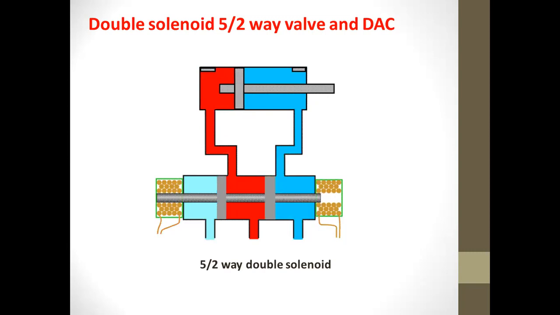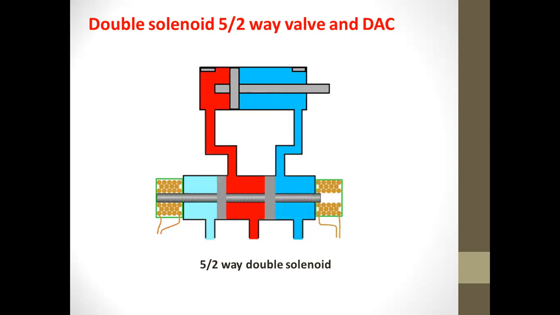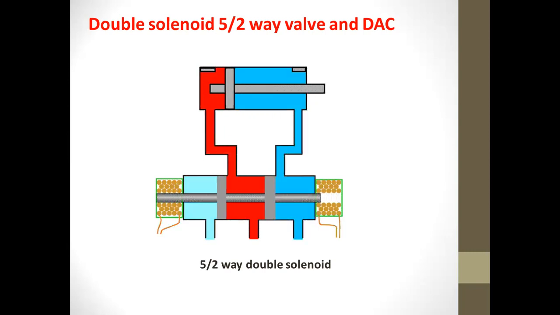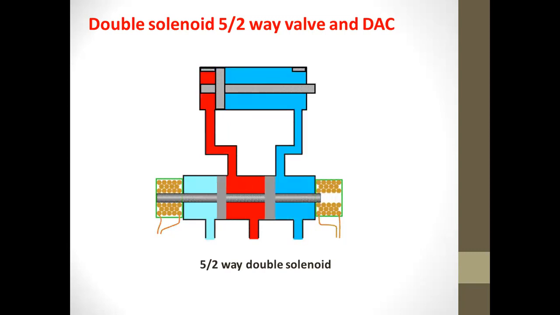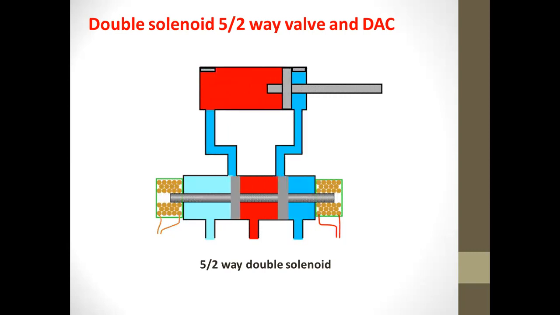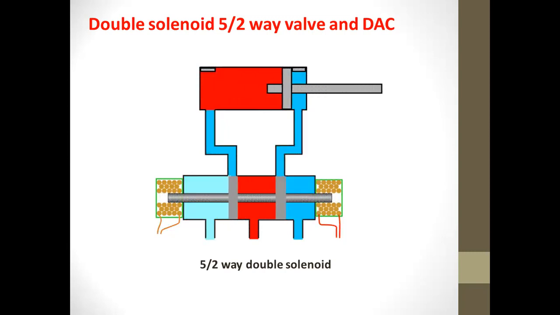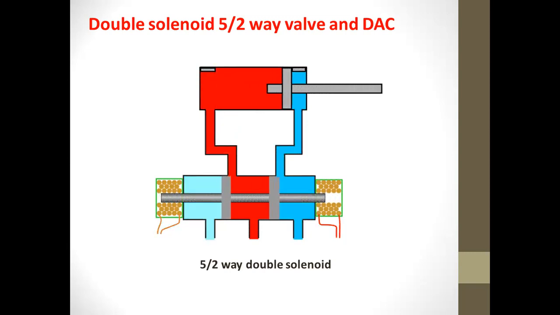Let's say the cylinder extends when the first coil is energized. To enable the cylinder to retract, you must energize the other coil. That actually depends on the application of the double coil cylinder.